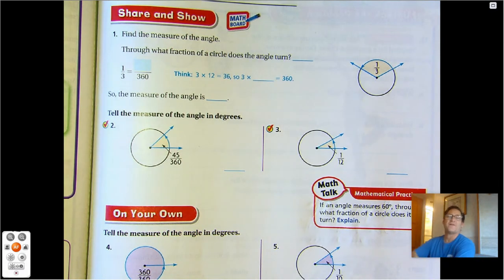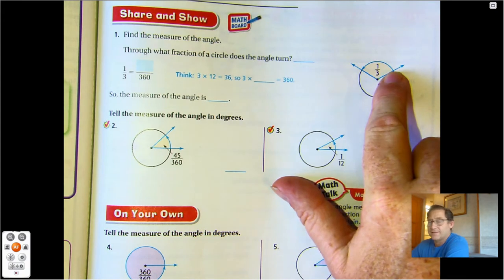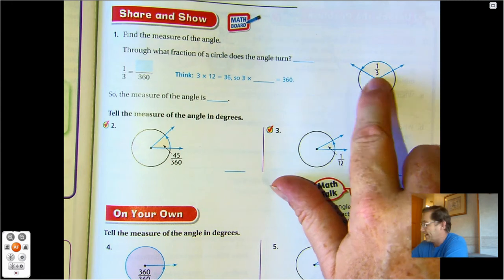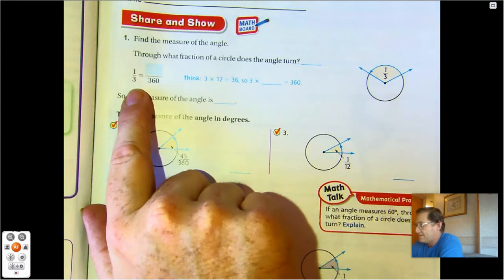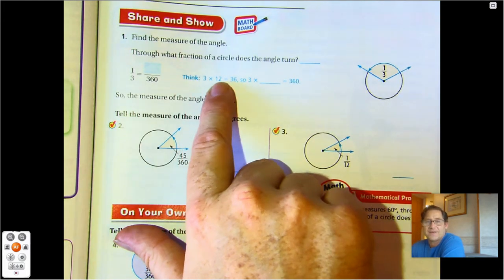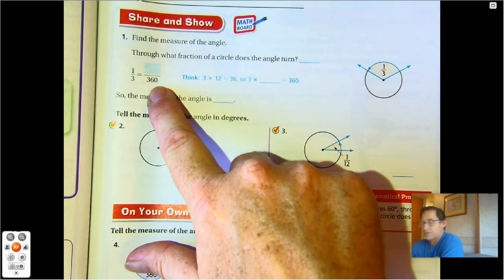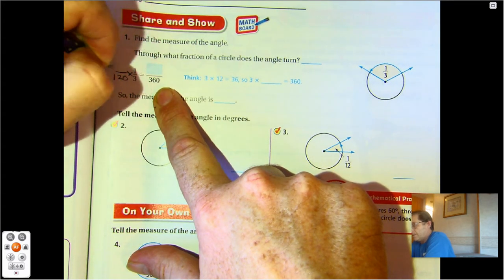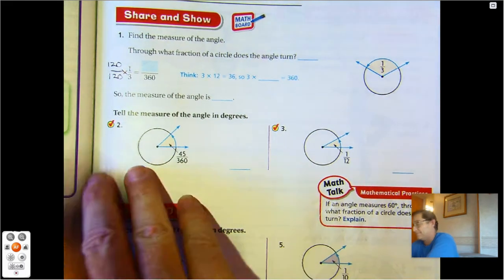Number 1, find the measure of the angle. So it's showing me here that these rays used to be together, and now it's slowly turning around the outside of the circle, and it's made a third turn around the circle. So I need to go from thirds to 360ths. And it's telling me that if I think of 3 times 12 as being 36, right? But I don't want 36, I want 360. So if I multiply 3 by 120, I would get 360.